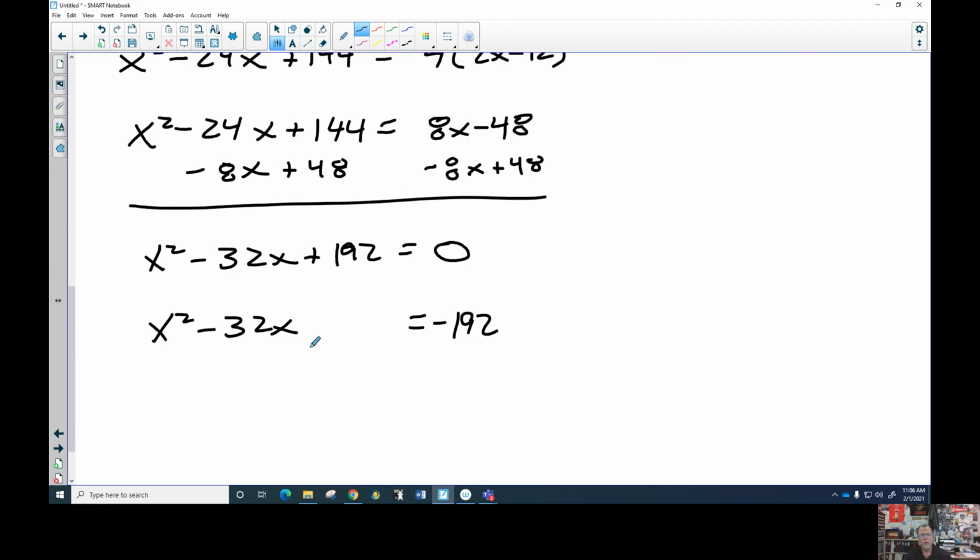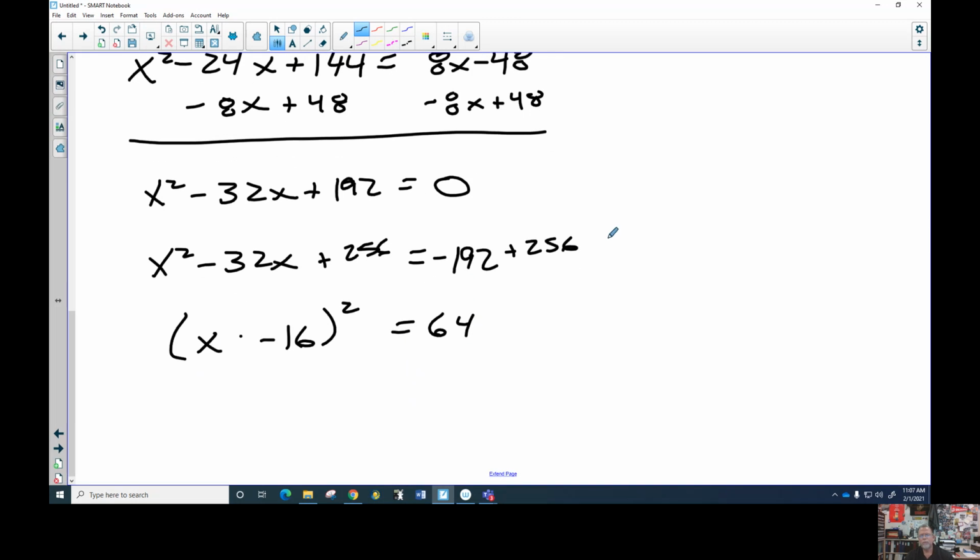So plus 256 on both sides. And we get x minus 16 squared when we factor this, equal to 64. That works out nice.